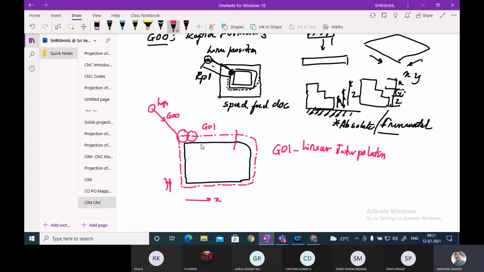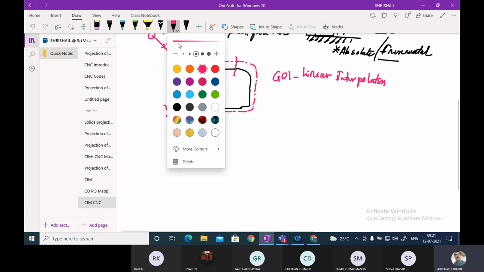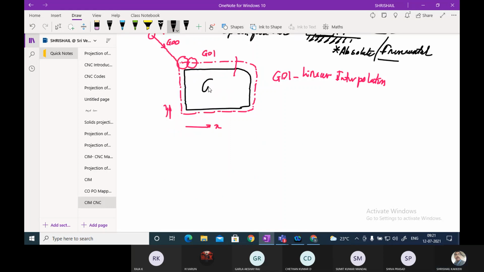Whatever distance you give, it will traverse like that. This is about G01.